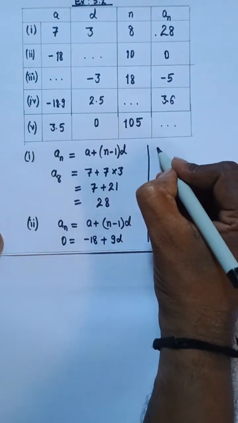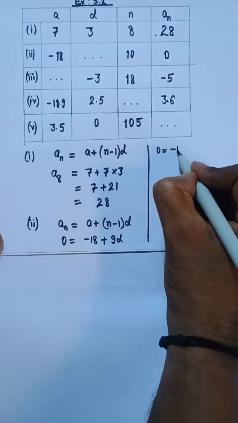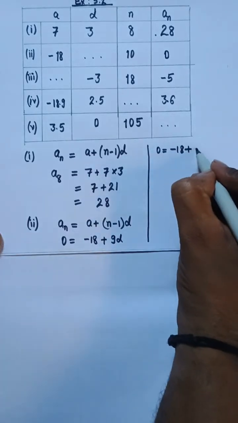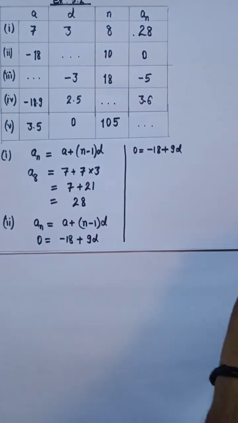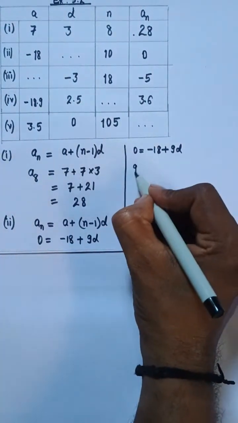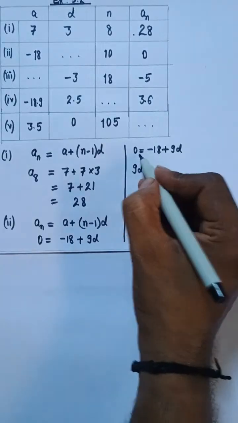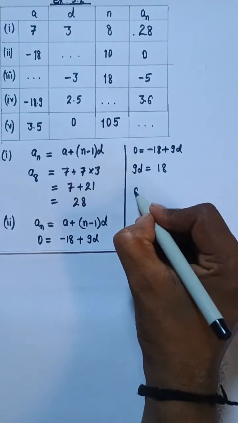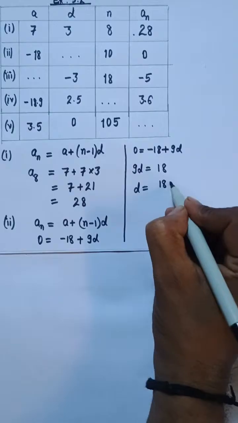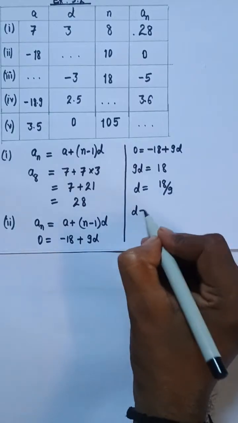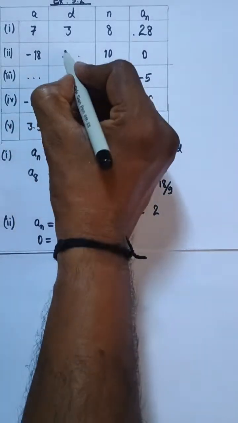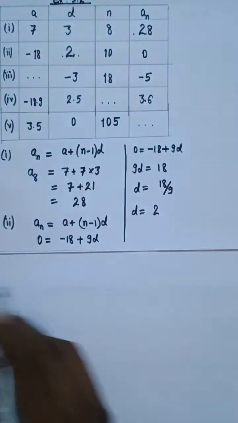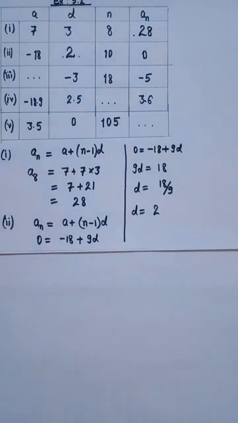That is 0 equals minus 18 plus 9d, and this one is giving us 9d. This 18 will come here, so we have 18, d equal to 18 by 9. So we have d equal to 2. d here became 2, so 2 I have put here, the value of d is 2. Any problem? No.